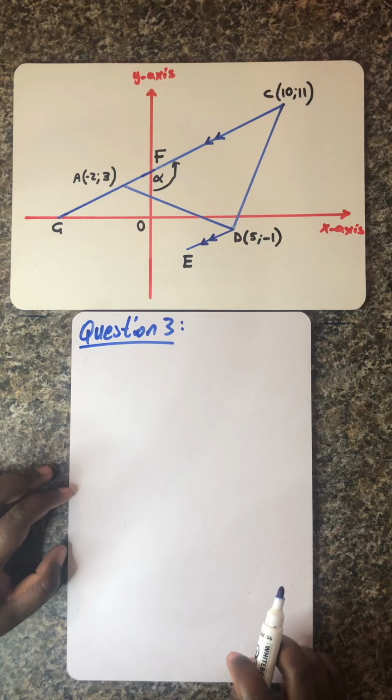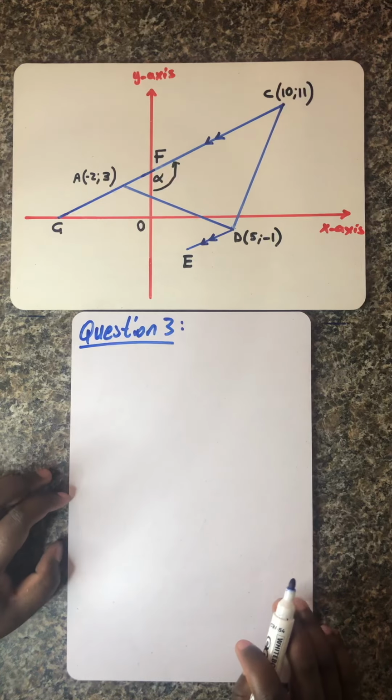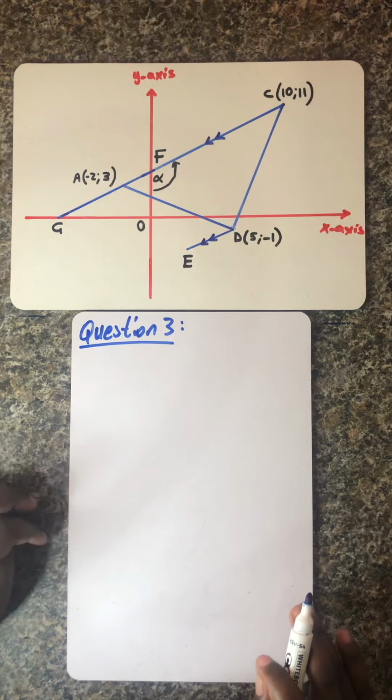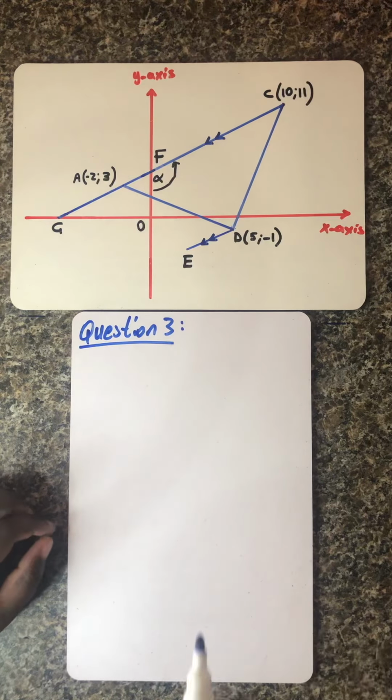So guys, let's now start with our first question, which wants us to calculate the gradient of line AC. Ladies and gentlemen, on the diagram we know this is A, this is C, and we've got the coordinates of those points.